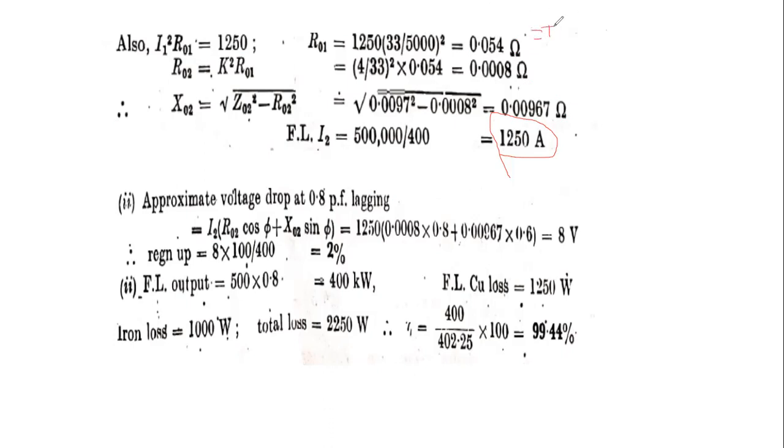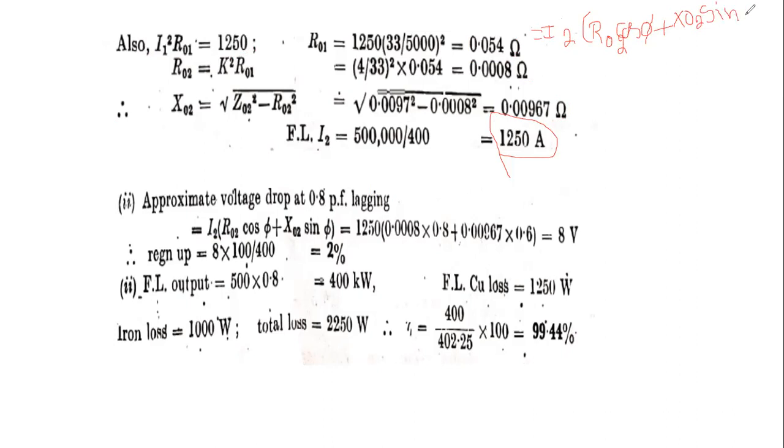That is I2 into R02 cos phi plus X02 sin phi.